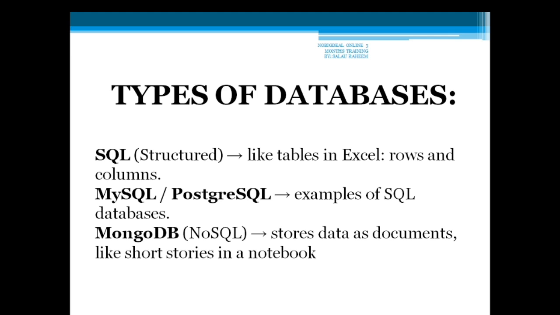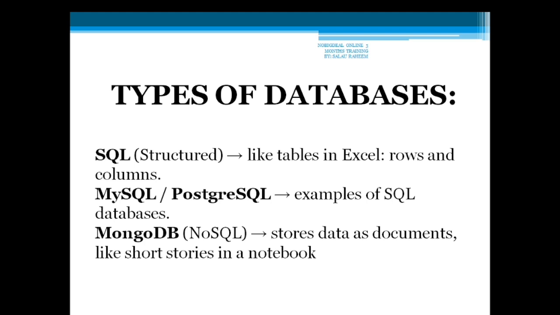So in database development, databases are used to store, organize, and manage data. The two main types are SQL, which is structured query language databases, and NoSQL. Each has its own style of keeping data.